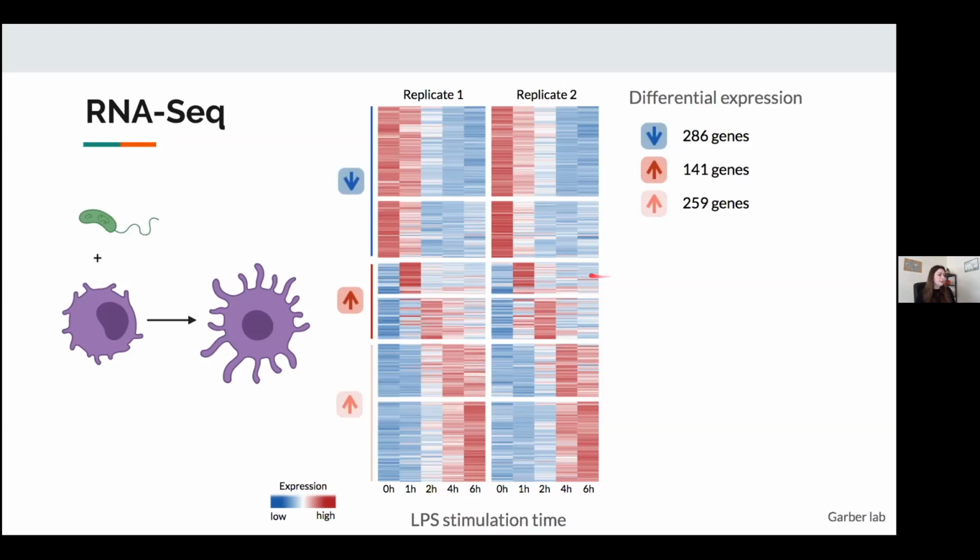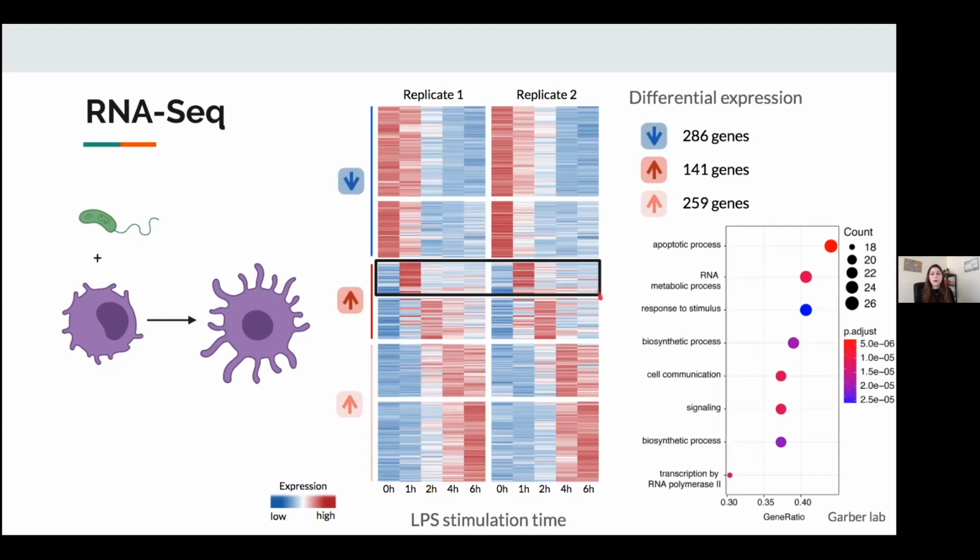So we can, for example, focus on a particular cluster here that shows a very fast response to the LPS activation. So these genes all get maximum induction only 1 hour after the stimulation. And 1 hour is the time point we measured. So actually a lot of them, their expression level goes higher a lot sooner.